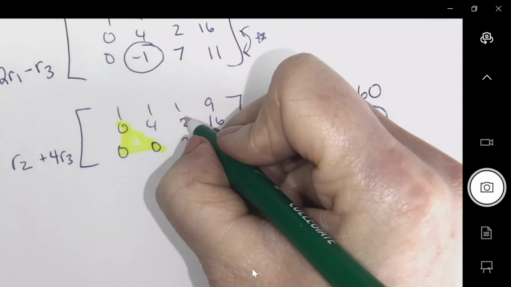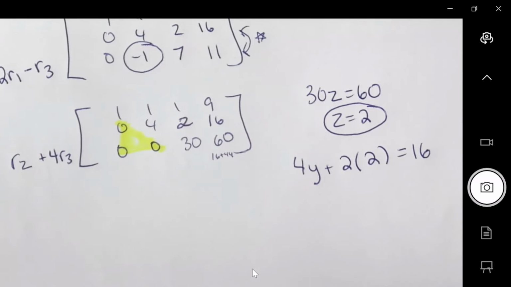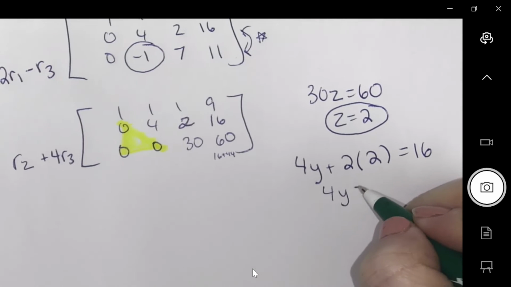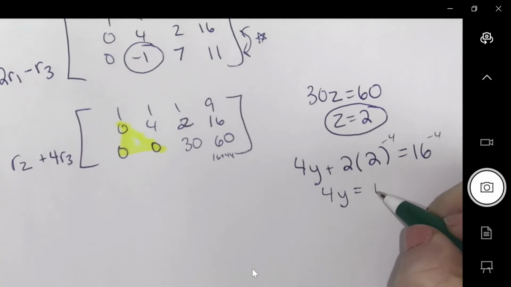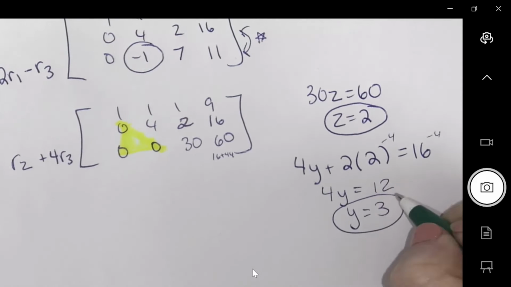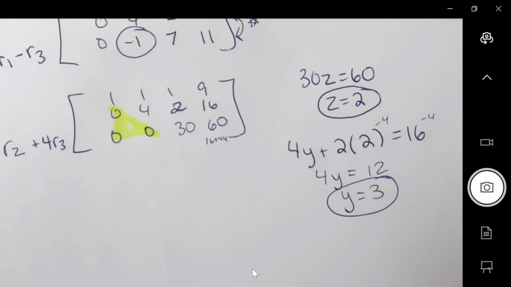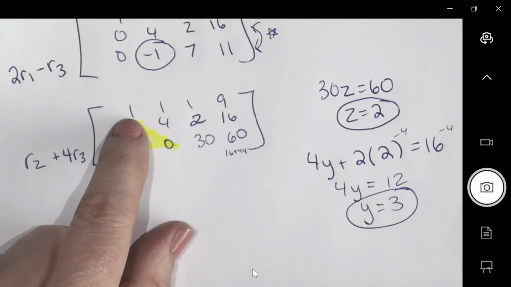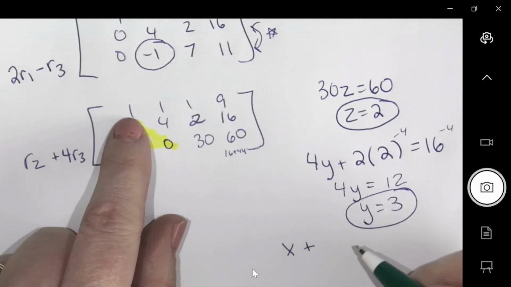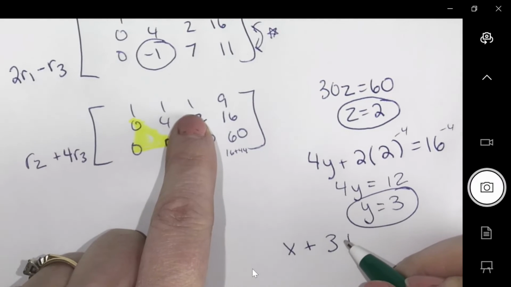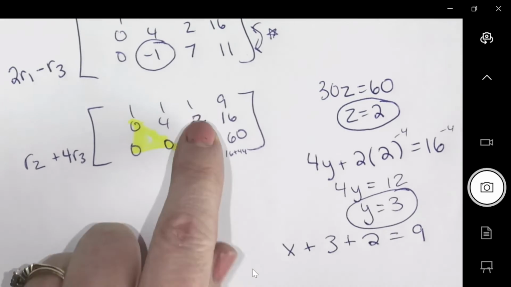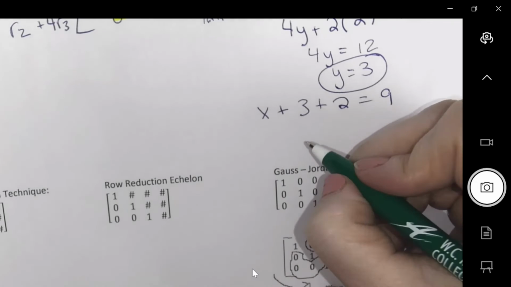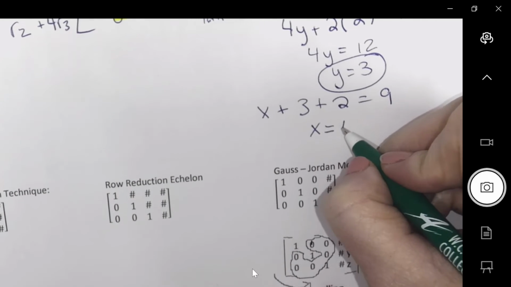I should make this look like a 2, not a z. So 4y equals 12, so y equals 3. And working my way up, 1x plus 1y plus 1z equals 9. So therefore, x equals 4.